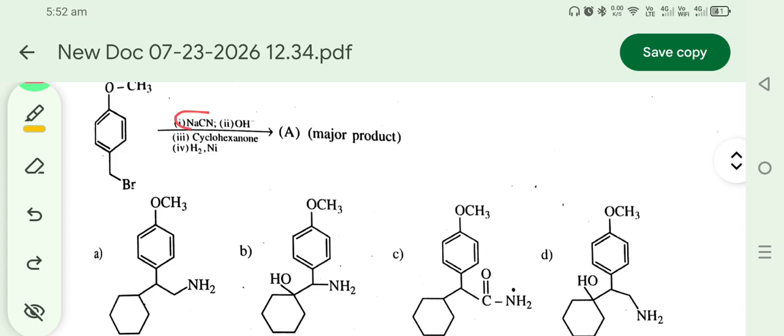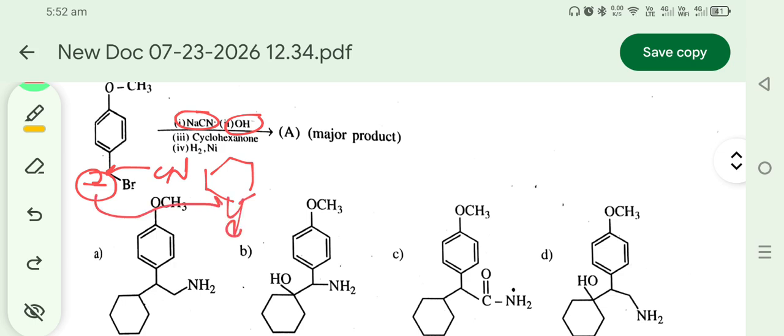With NaCN, the bromide part is substituted to CN group. After that, reacting with base, the acidic proton from this carbon is removed and it is converted to an anion, and it is substituted to cyclohexanone in compound 2.